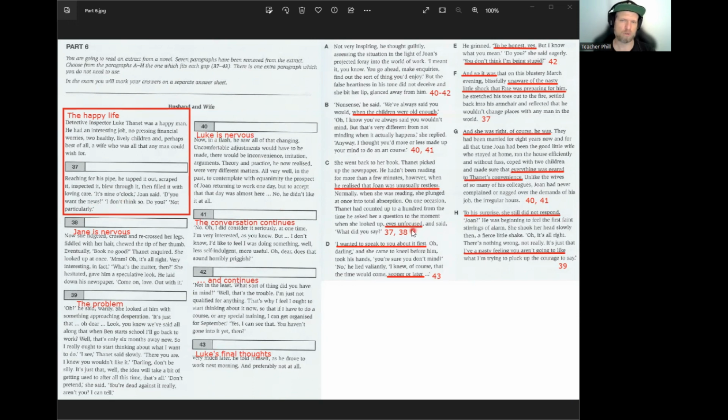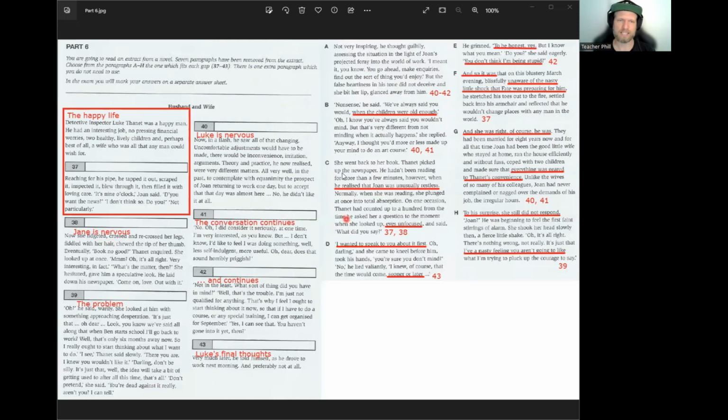So I think I'm quite comfortable with putting C in gap 38, because also when it continues, it says here that Luke realized that Joan was unusually restless, that her eyes were unfocused. And then it continues here. Now she fidgeted, crossed and recrossed her legs, fiddled in her hair. So these are like nervous movements.